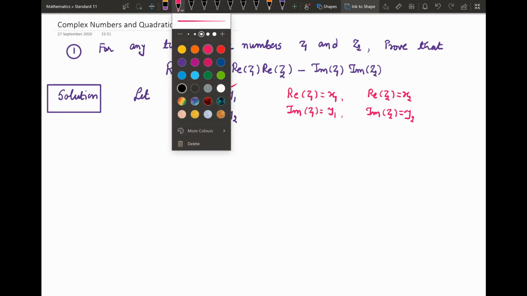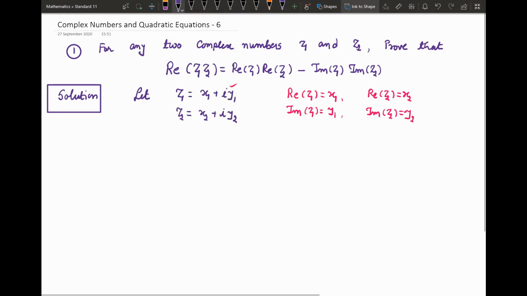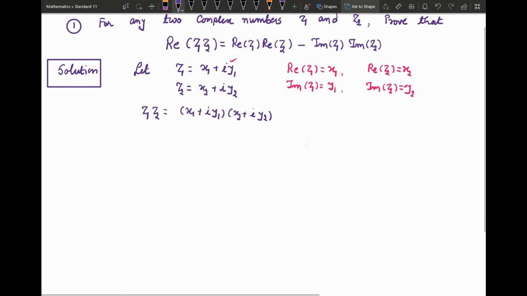Now first we evaluate Z1 into Z2. Z1 is x1 plus iy1, Z2 is x2 plus iy2.